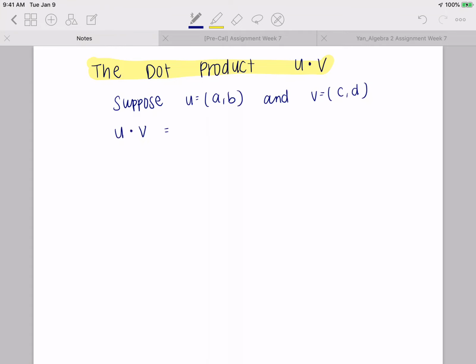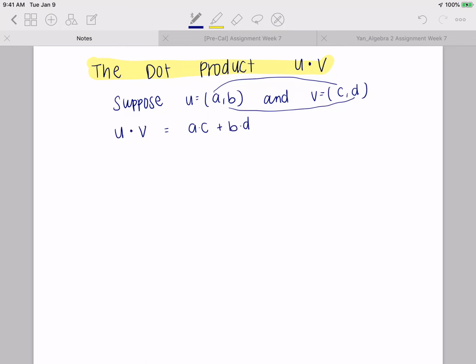What that means is that we're going to multiply our first times first, which is a times c, and we're going to add our last times last, b times d. And it will actually turn into a number because we're not doing any commas. We're trying to combine it together after we multiply it.